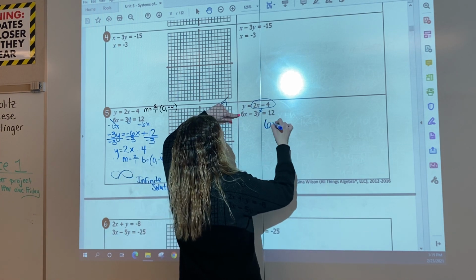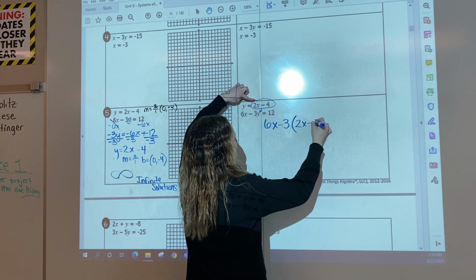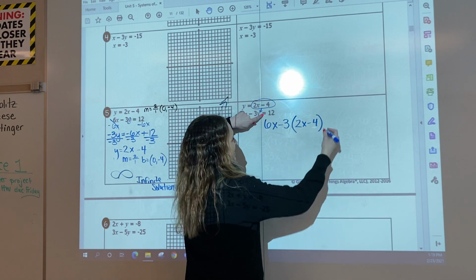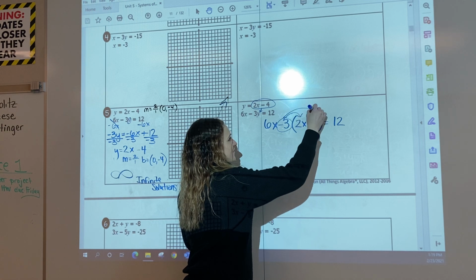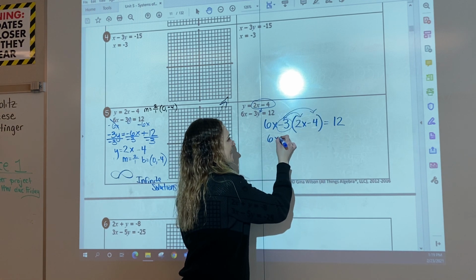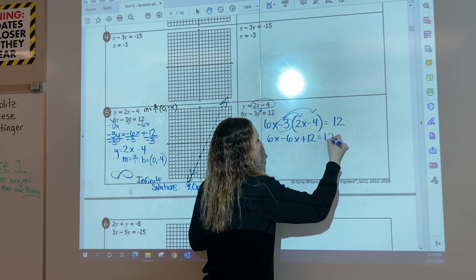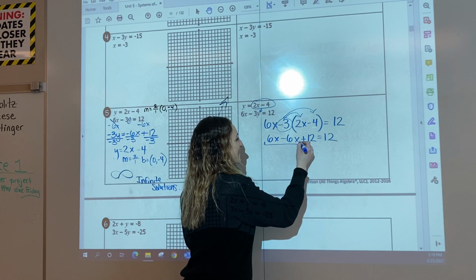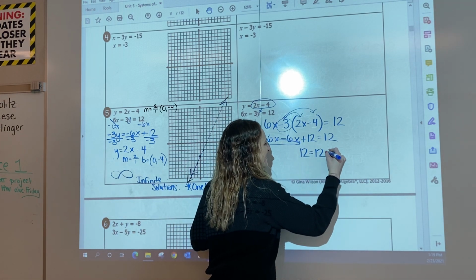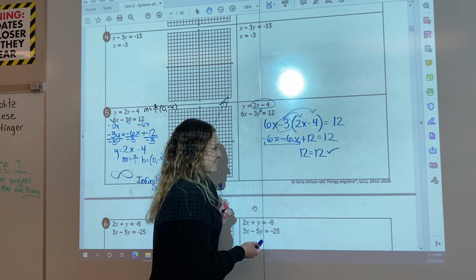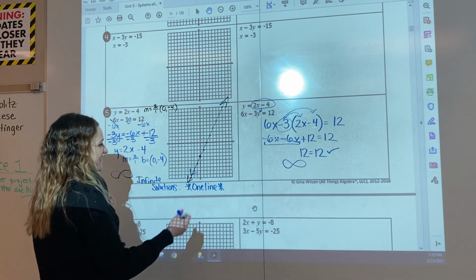So we have 6x minus 3 times (2x minus 4) equals 12. I'm going to distribute this -3, giving me 6x minus 6x plus 12 equals 12. Well, I know that 6x minus 6x will cancel each other out, leaving me 12 equals 12. That is a true statement, which means infinitely many solutions because it is the exact same line.